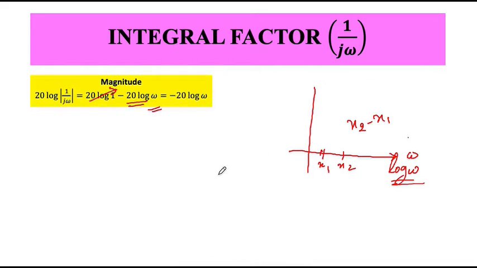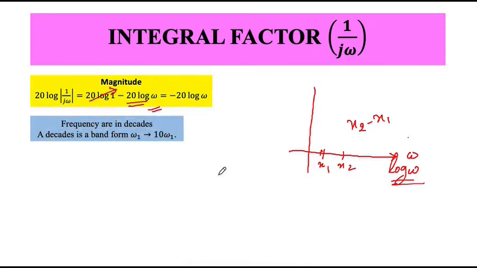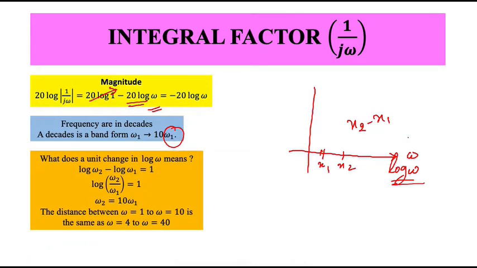I will explain what a decade is. There is a good advantage of why we do it in decades. A decade is a band from omega 1 to 10 times omega 1. Now, what does a unit change mean? It is not omega; we are working with log omega. So what is the unit change of log omega?